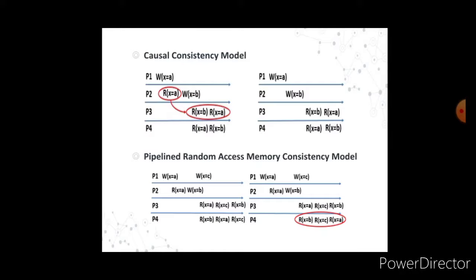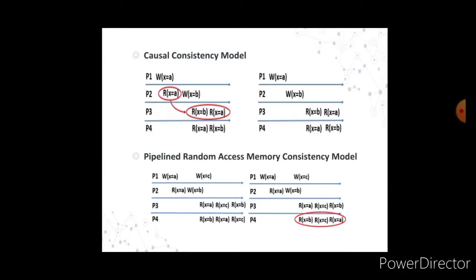If a write operation W2 is causally related to another write operation W1, the accepted order is W1 and W2, because the value written by W2 might have been influenced in some way by the value written by W1.